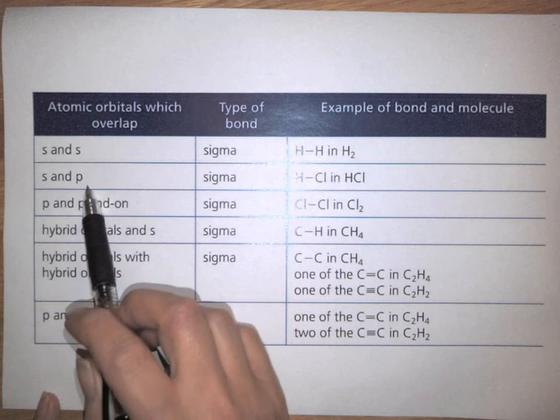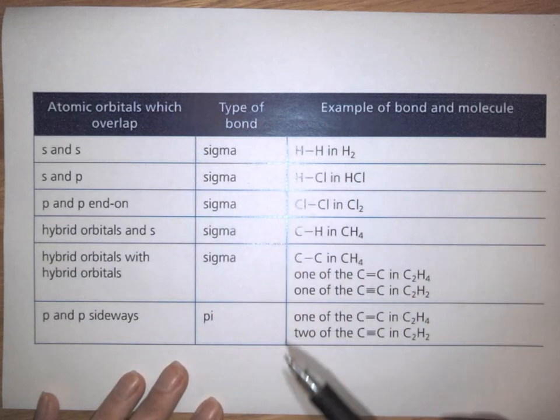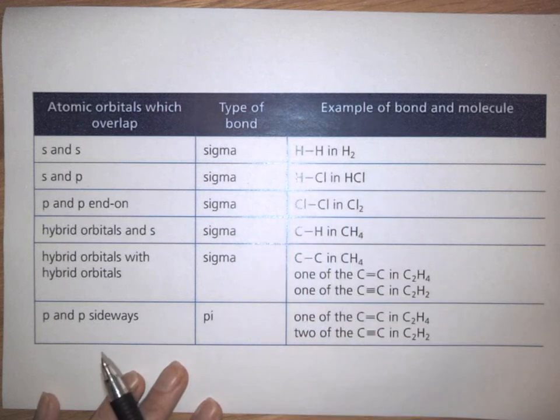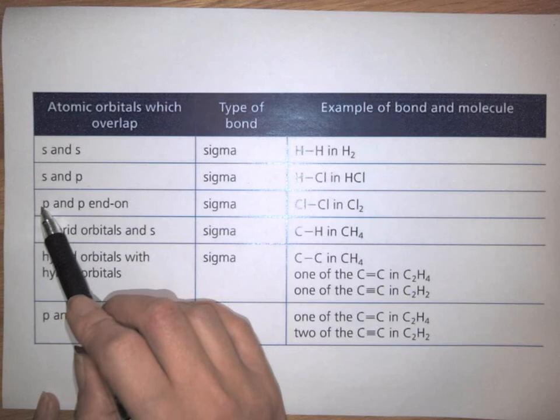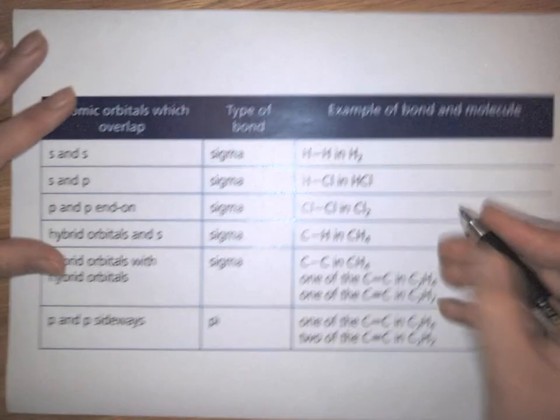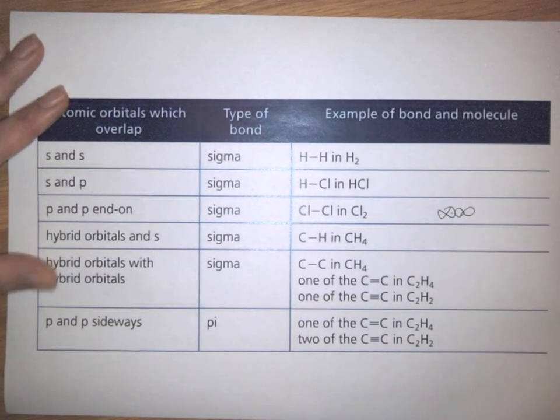If we have one s and one p, also a sigma bond can happen, for example, in a hydrogen and chlorine atom in hydrochloric acid. And we can also have a p to p end-on. That also is a sigma bond when the two p orbitals will be like this together. Then we can see it's a sigma bond.